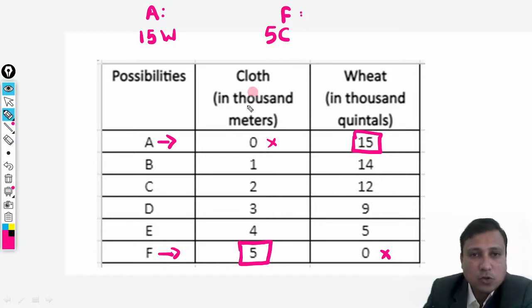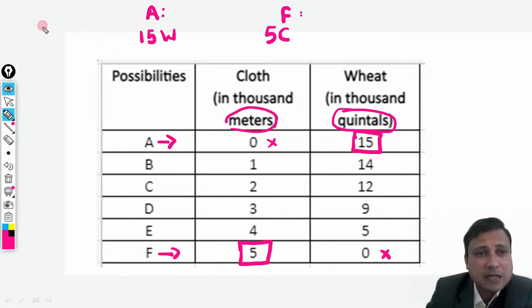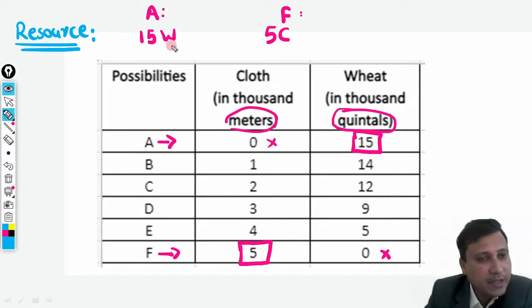Though the cloth is measured in meters and the wheat is measured in quintals, for simplicity, we'll consider the numbers. Using all my resources, if I plan to produce only wheat, then I'm able to produce 15W. And if I plan to produce only clothes, I am going to produce 5C.